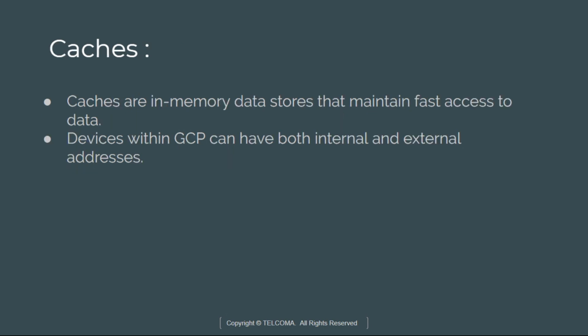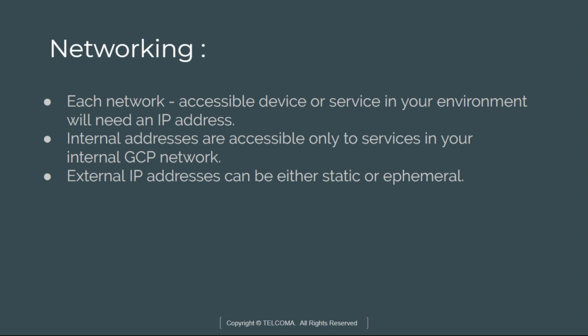Caches are in-memory data stores that maintain fast access to data. The time it takes to retrieve data is called latency. Caches are totally volatile. We lose the data stored in the cache when the power is lost or the operating system is rebooted. Now, networking.